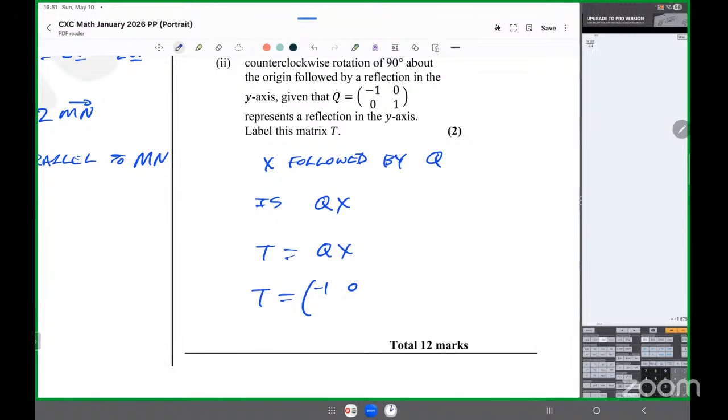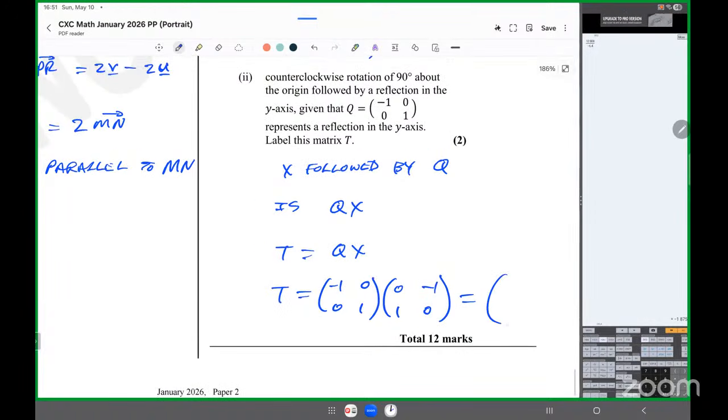Minus 1, 0, 0, 1 times 0, minus 1, 1, 0. Work that out and get the answer. So 0 times that is 0, and 0 times this is also 0. That's a 0 right here. And the value out here is 1. And 0 times 0 is 0, so it becomes a 1 out here.